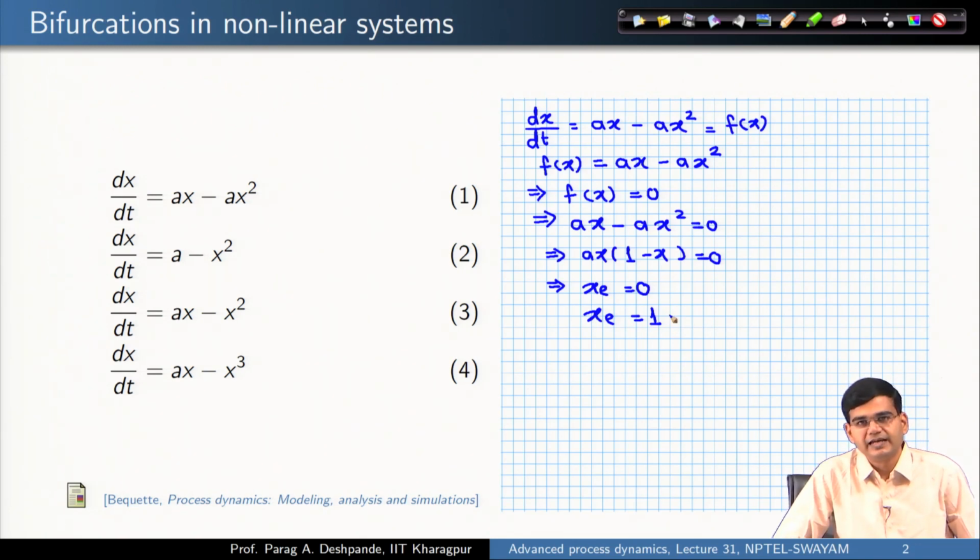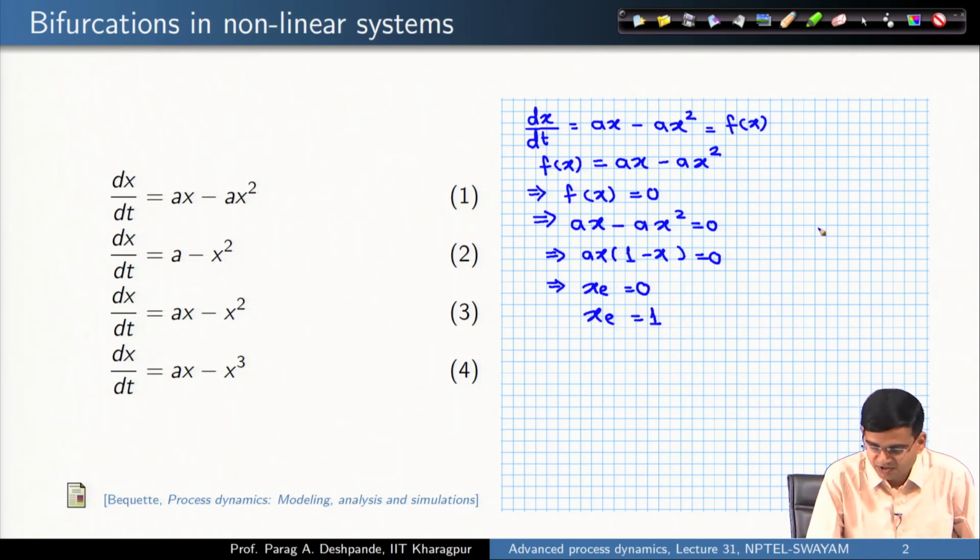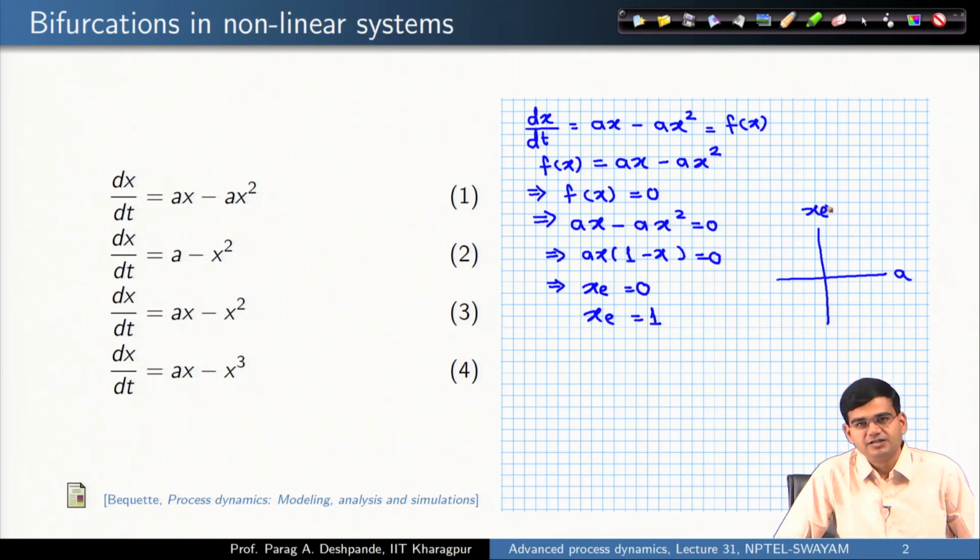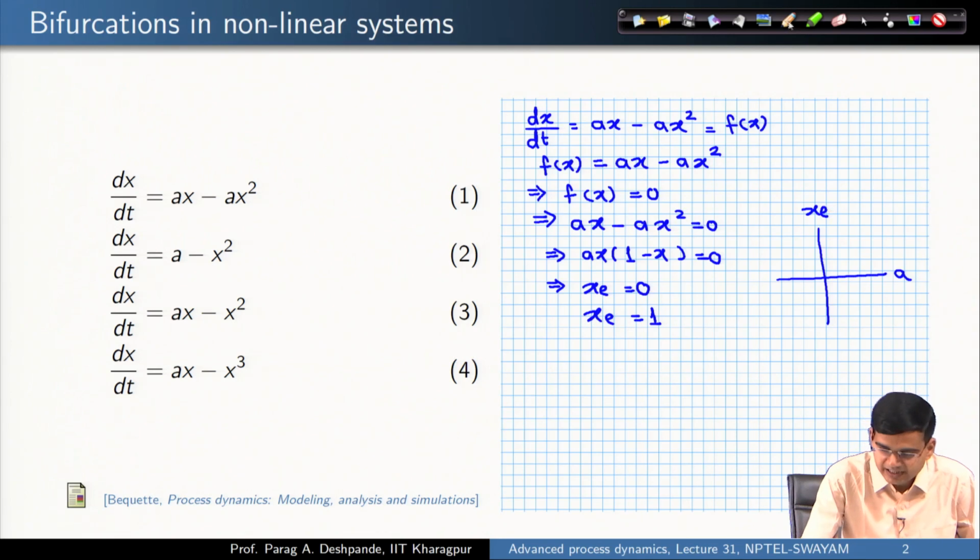So, what would be the axes for my bifurcation diagram? The axes would be simply a versus x e. The information that would go in this bifurcation diagram would be that x e is equal to 0 and x e is equal to 1. So, let us draw in detail the bifurcation diagram.